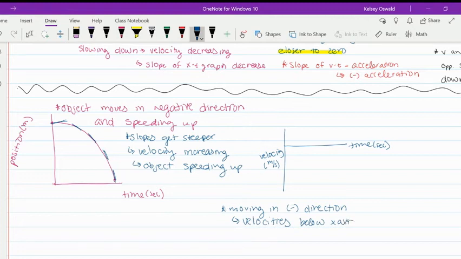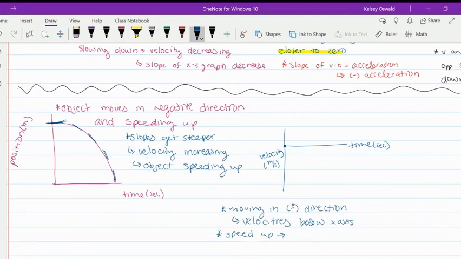So this one is a little different than those previous examples because here our velocity is going to go beneath the x-axis. The other key thing here is we start off with kind of a horizontal slope. That tells us our initial velocity is going to be 0. However, as time goes on, we said we sped up because our slopes get steeper.